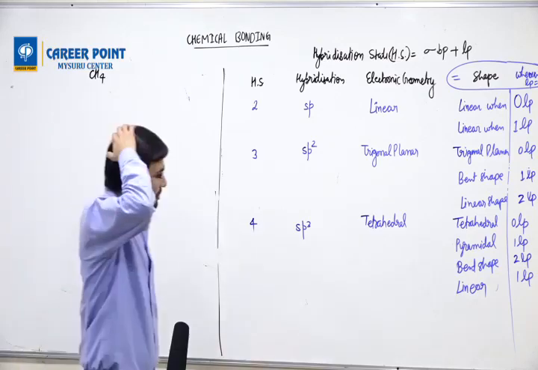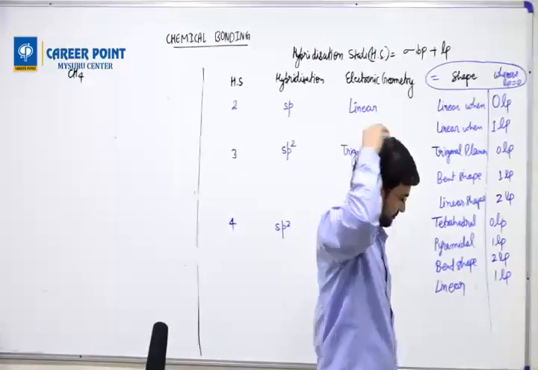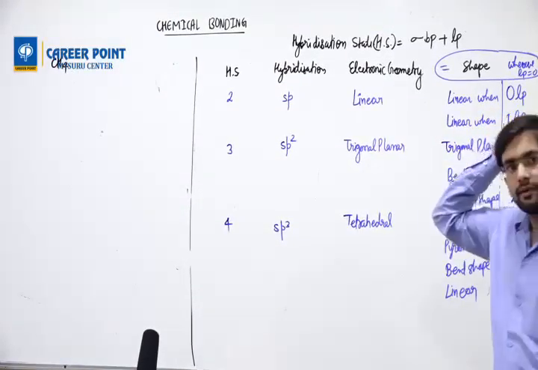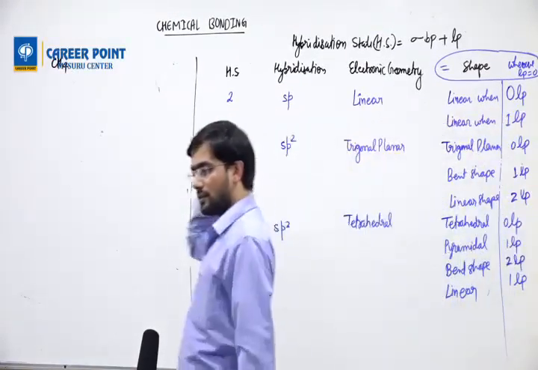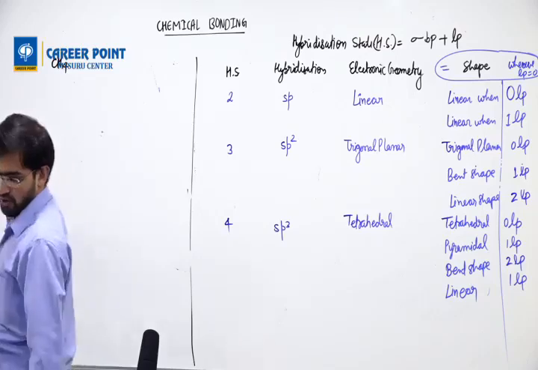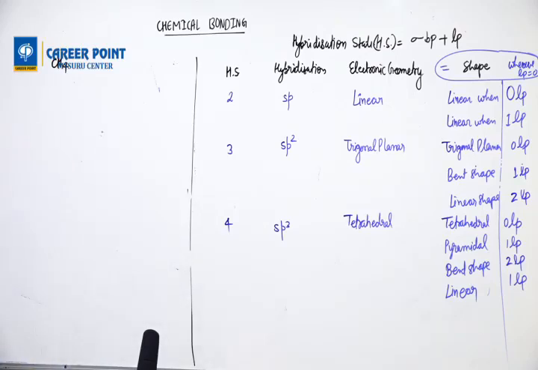What is this compound? This compound is CH4. CH4 is known as methane. Solve fast.